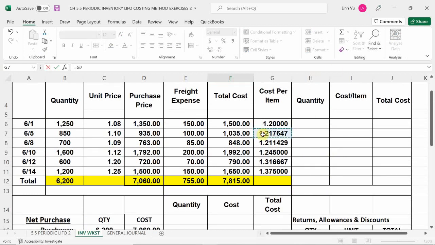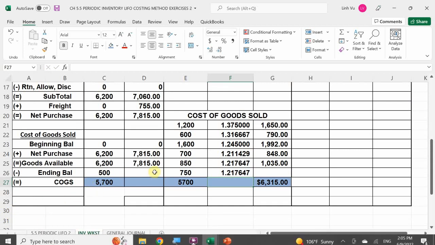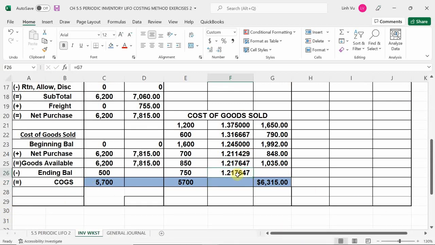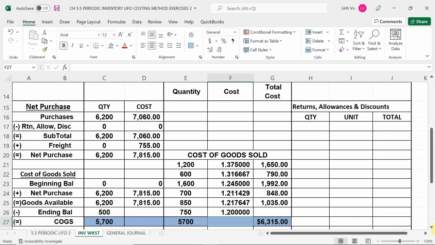Okay? Because in this case, there's a bunch of zeros after this. That means it's an even number. Oh, wrong number. Sorry about that, guys. Wrong number. It's going to cost me $1.20.